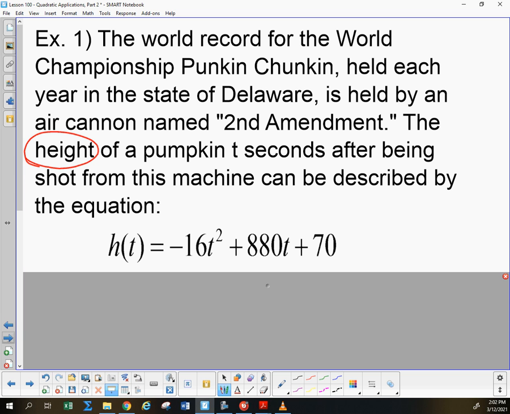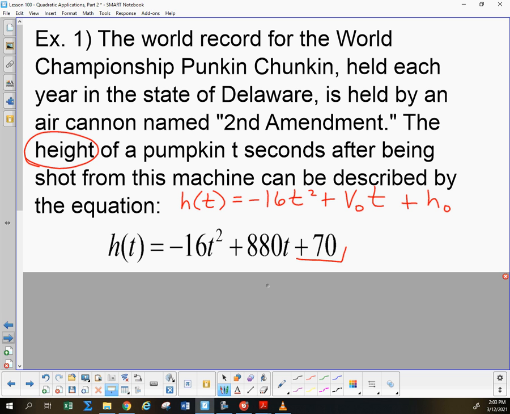So this fits our model of h of t equals negative 16 t squared plus our initial velocity times t plus our initial height.